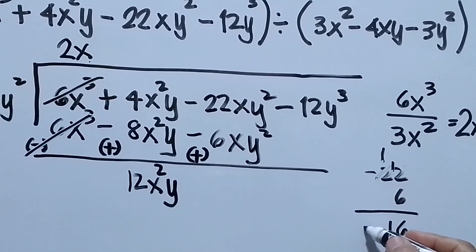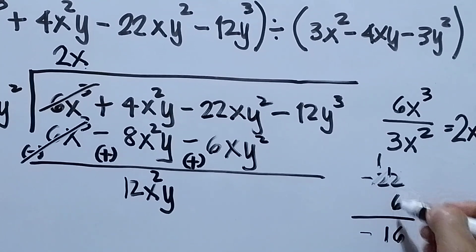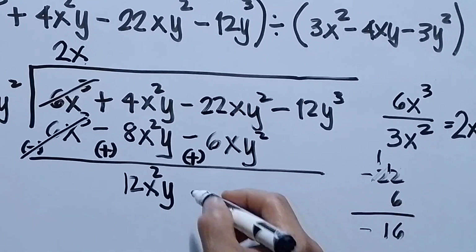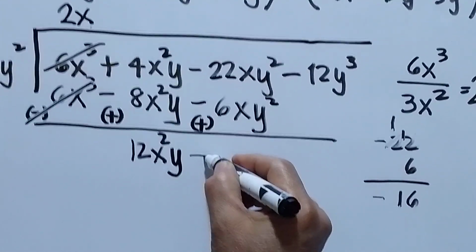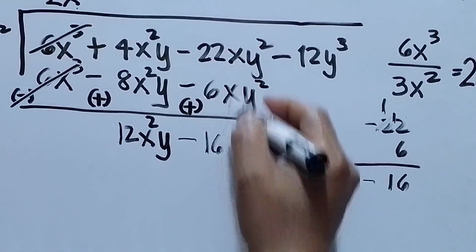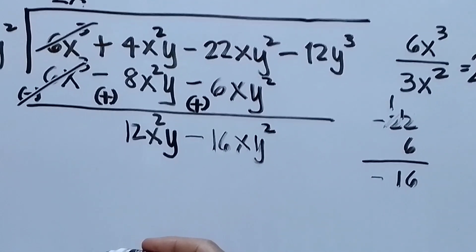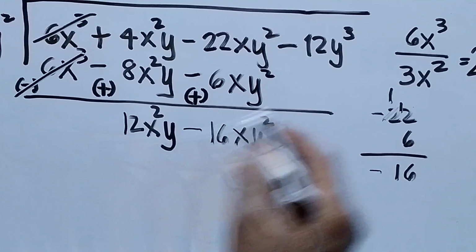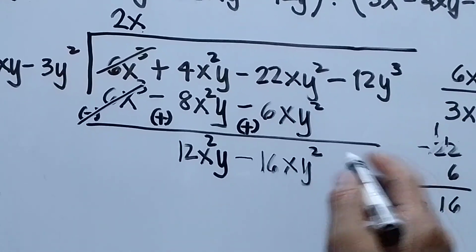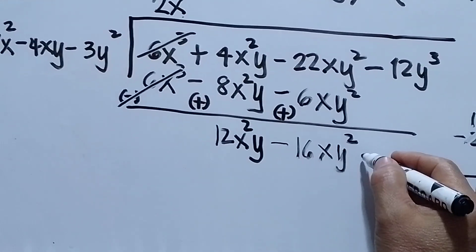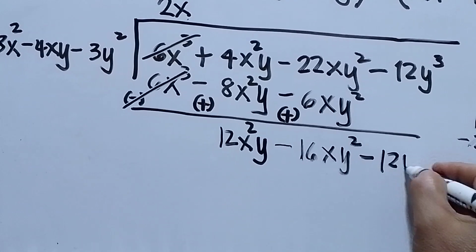The sign must be negative because this one is bigger than 6. So the sign must be negative 16 and then copy x and then y squared. Since this is a trinomial, I also need to bring down minus 12y cubed to make it a trinomial. So this will be minus 12y cubed.